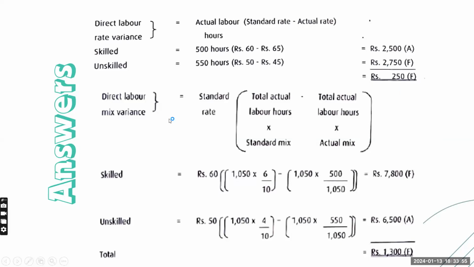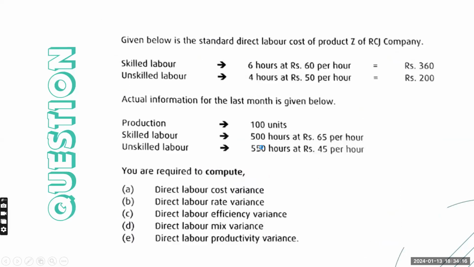Then we have the direct labor mix variance. How do we take it? You can see standard rate multiplied by total actual labor hours multiplied by standard mix, and the total actual labor hours multiplied by actual mix. You change the mix. How do you get the standard mix? 6 hours and 4 hours, total 10 hours. Out of 10 hours, 6 hours will be skilled labor.